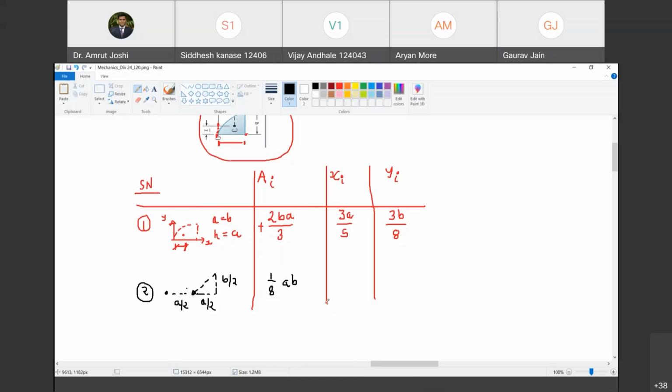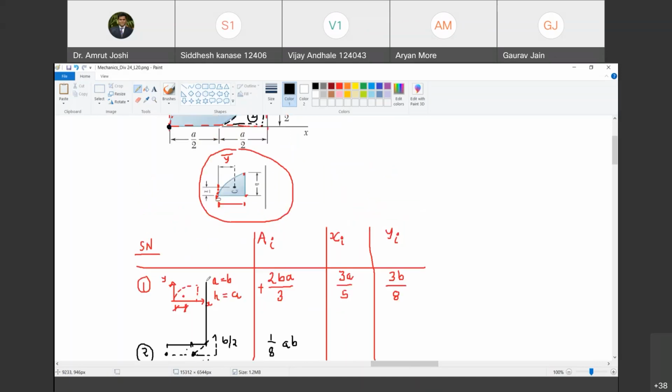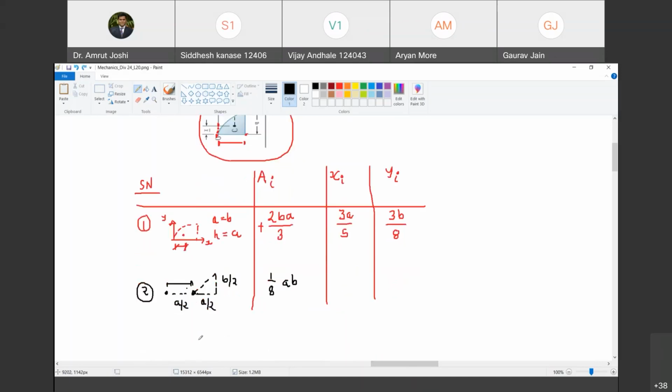Agreed? Yes, sir. What is x bar? Location of x bar from this point. So this distance plus this distance of centroid of triangle. So centroid of triangle is at distance of 2/3 of a by 2. Do you agree with me? Yes, sir. So this x will be equal to a by 2 plus 2/3 of a by 2.